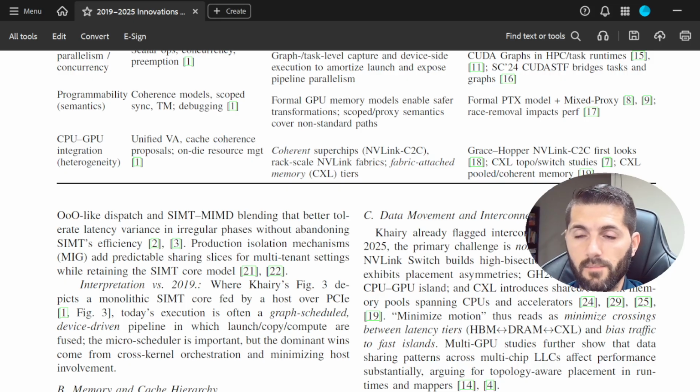Memory cache hierarchy: Carey et al. emphasize the bandwidth pressure and the cache scratchpad co-design.